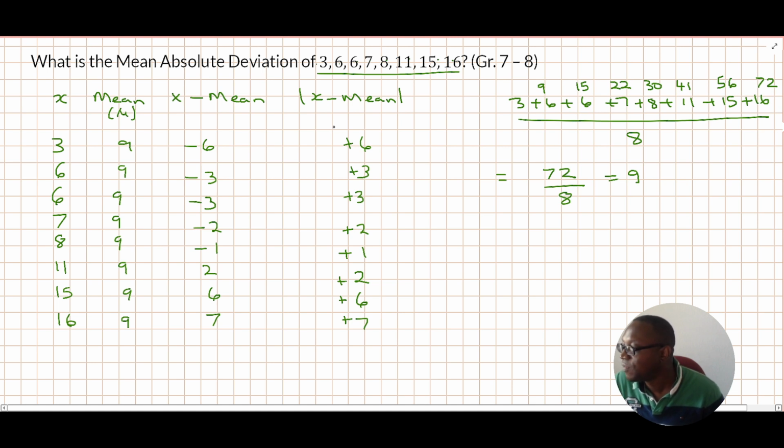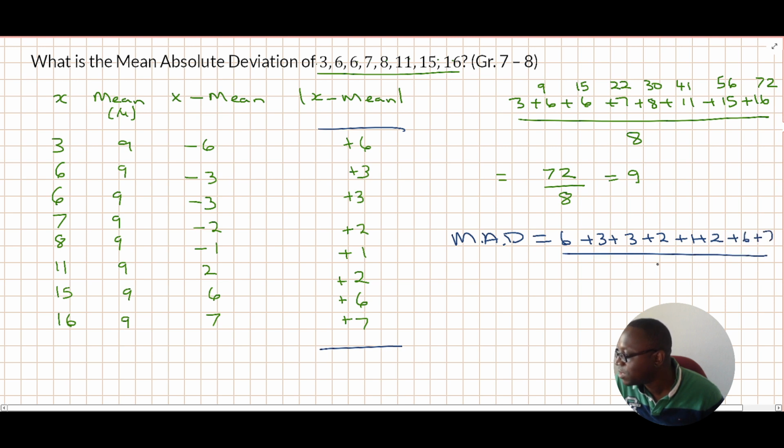So now we're going to find the mean of all of these values right here, from here all the way to here. So the mean absolute deviation is going to give us 6 plus 3 plus 3 plus 2 plus 1 plus 2 plus 6 plus 7, and we have 8 numbers.